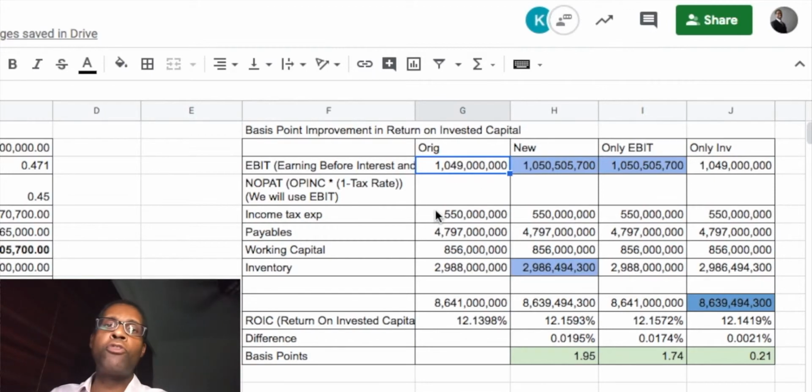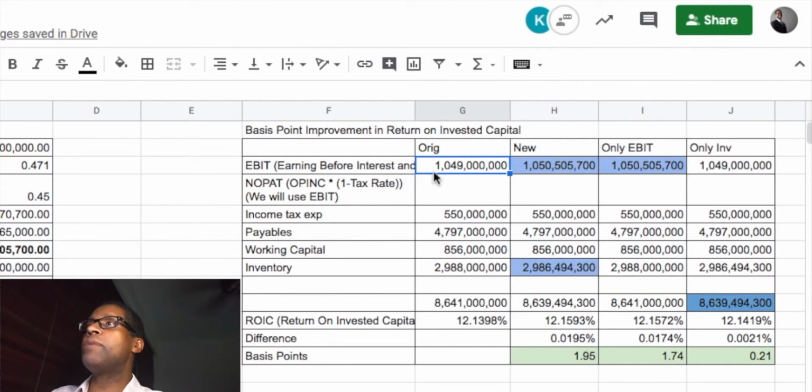For Whirlpool, we took a rough estimate of their 2017 return on invested capital. Here's a caveat. This may not equal some other calculations you may see. We took a more simplified view, which would be EBIT, which is earnings before interest and taxes, over our invested capital. So what did we use as the whole totals for this?